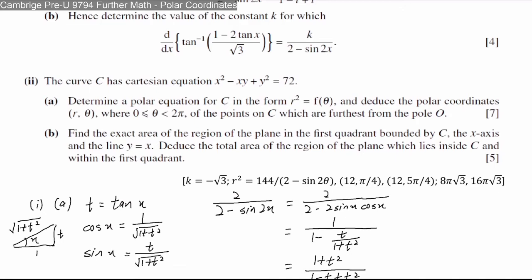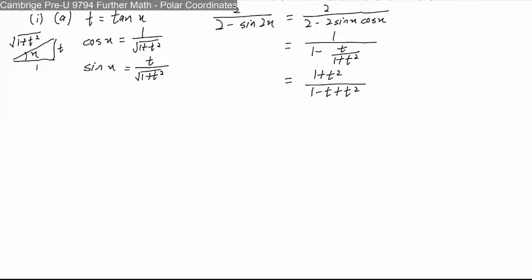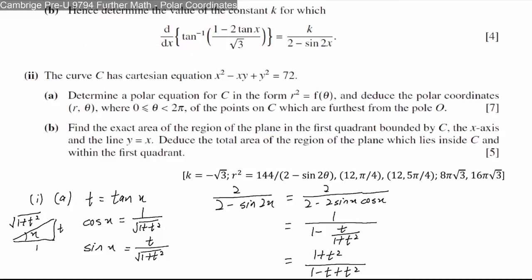So what we can do from here is look at the differentiation. We have the arctangent, and we're supposed to differentiate this expression: arctangent of (1 minus 2 tangent x) divided by root 3.